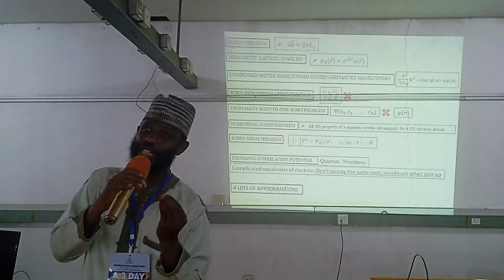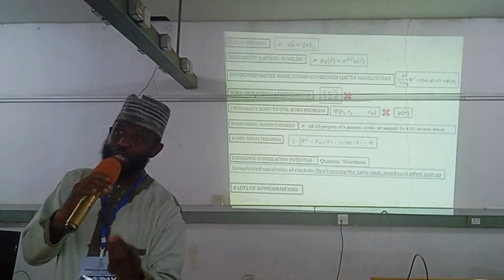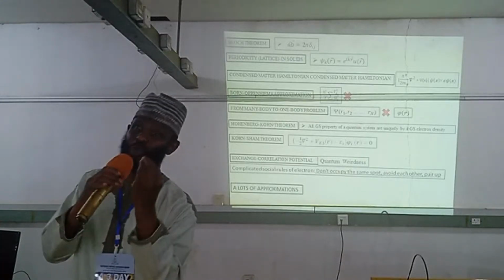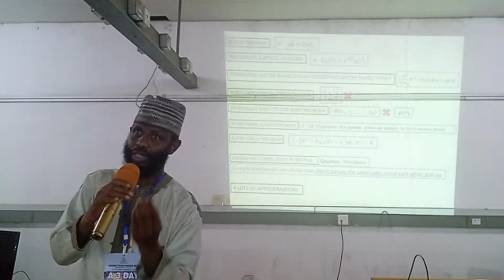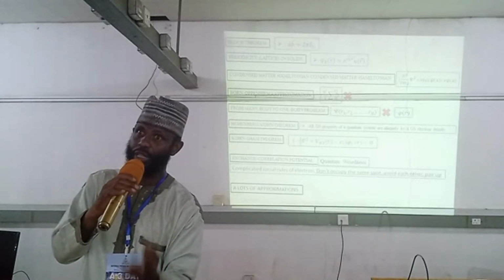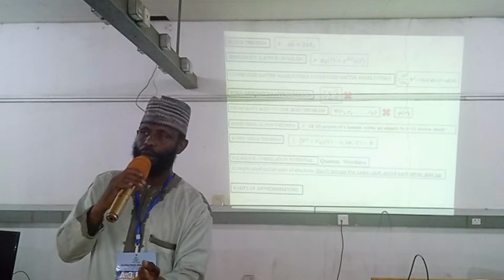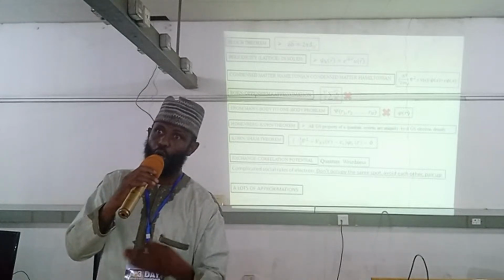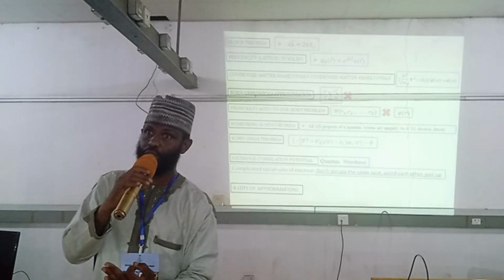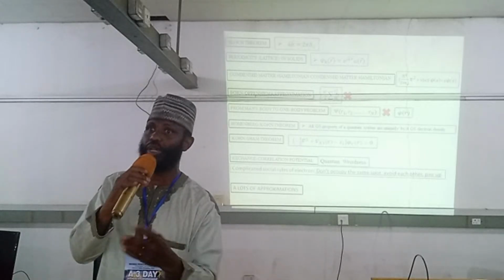Hence, the condensed matter Hamiltonian will now have just three terms: the kinetic energy of electrons, the Coulomb potential of electrons and other electrons, and the Coulomb potential of electrons and the nuclei.